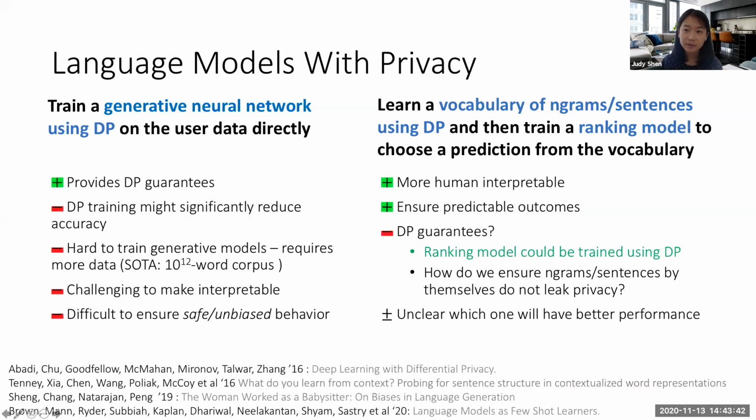It's predictable because all our output is in this vocabulary that we decide to use. When we think about our differentially private guarantees, we can think about how the ranking model can be private, but actually the focus of our work is how we can ensure that the n-grams and sentences we use for training are already private in the first place.